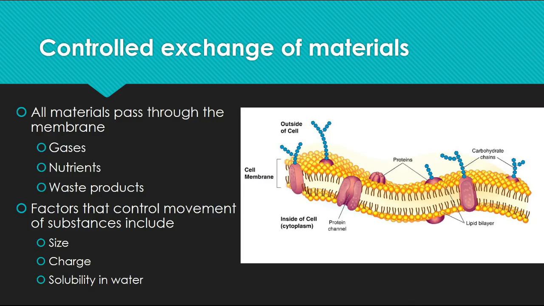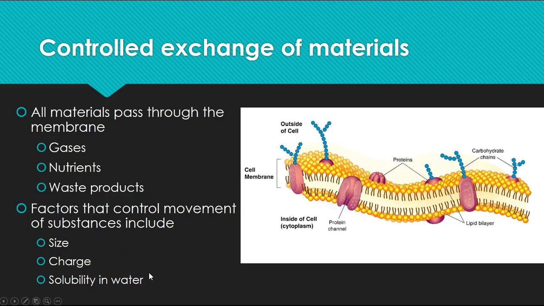Okay, so all of the materials that pass through a cell membrane can be controlled to move into or out of a cell. These include gases, nutrients, and waste products. We have three main factors that control the movement of materials into and out of a cell: size, charge, and solubility.